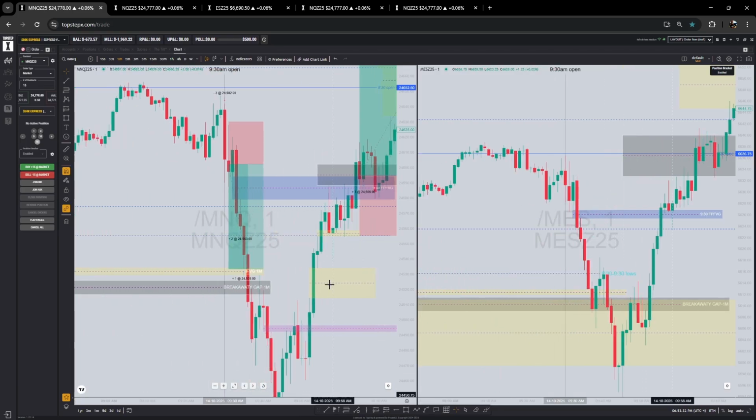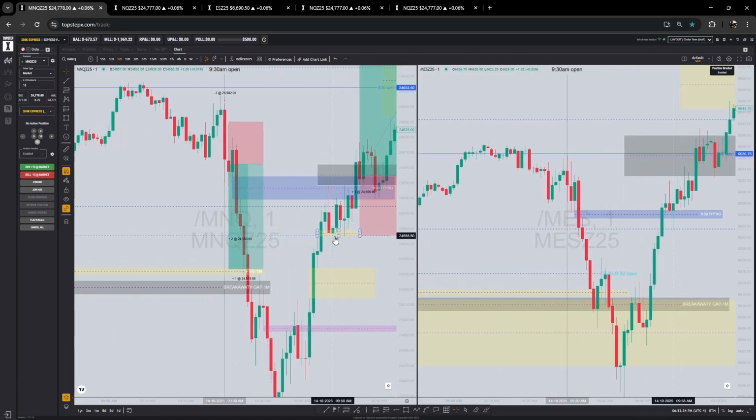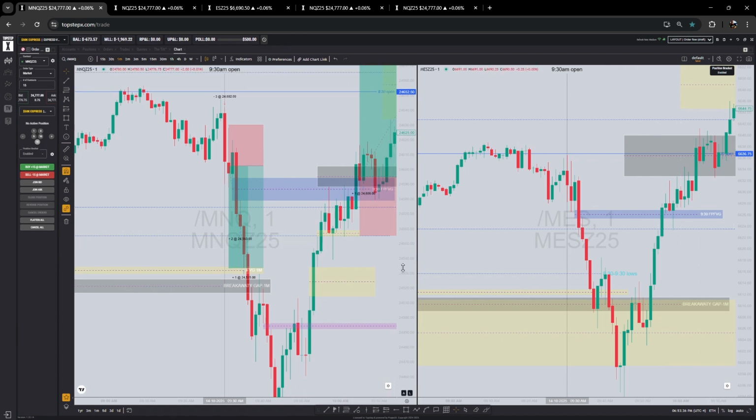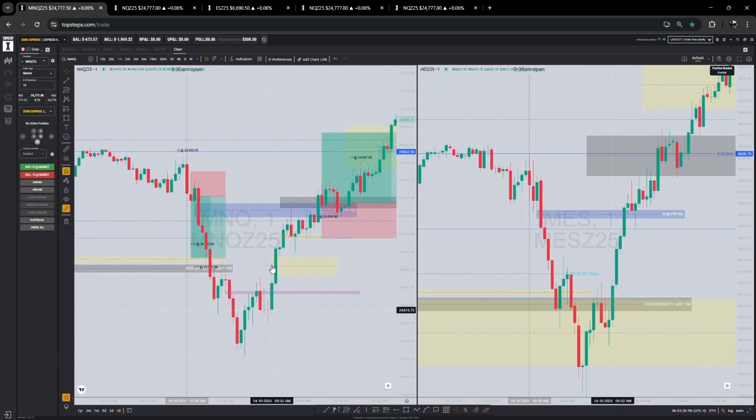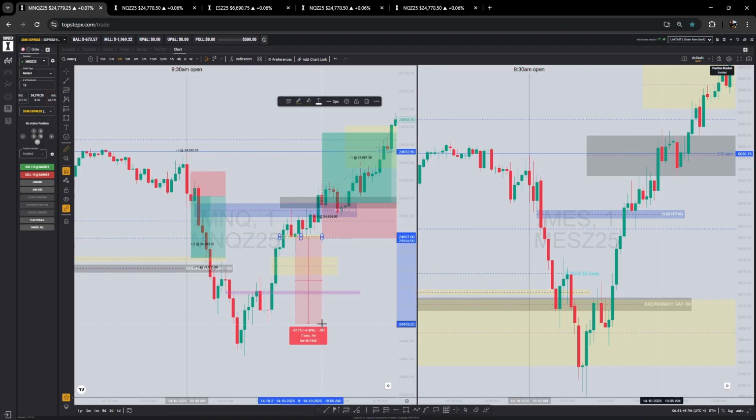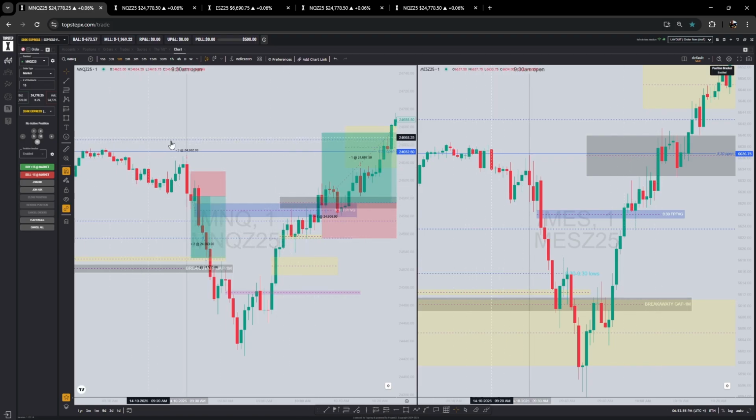But I didn't enter on this candle or on this fair value gap because my stops would have been below here and that would have been too big for my stops. That would have been over a 100 point stop if I had taken my trade here. So I didn't take that trade. Although I know price was moving bullish, I didn't take that trade.